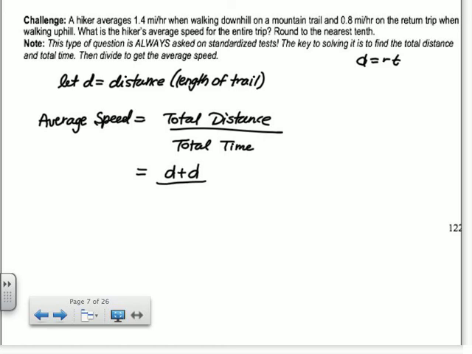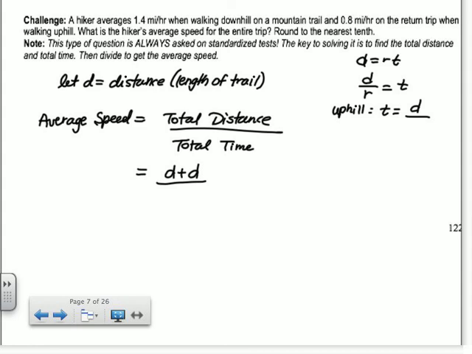But then total time, that's harder. So whenever I'm solving for time, if you look back up at this equation, time is distance divided by rate. So going uphill, your time is distance, which was d, divided by your rate.